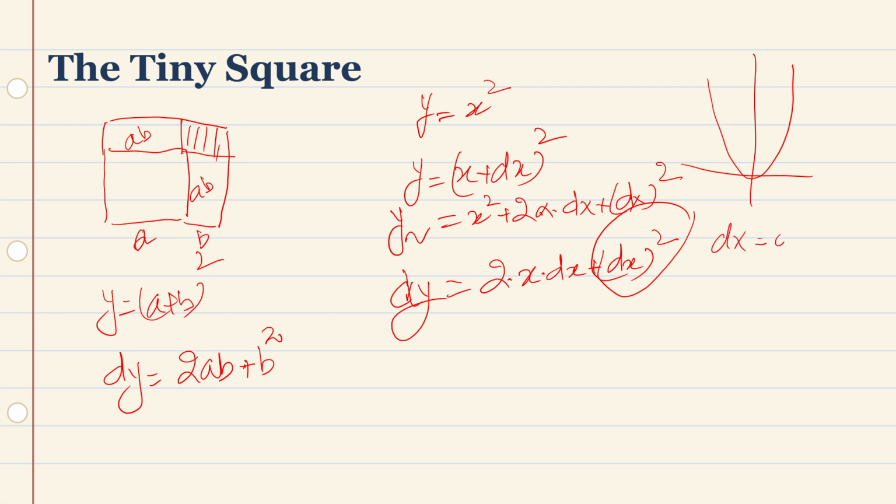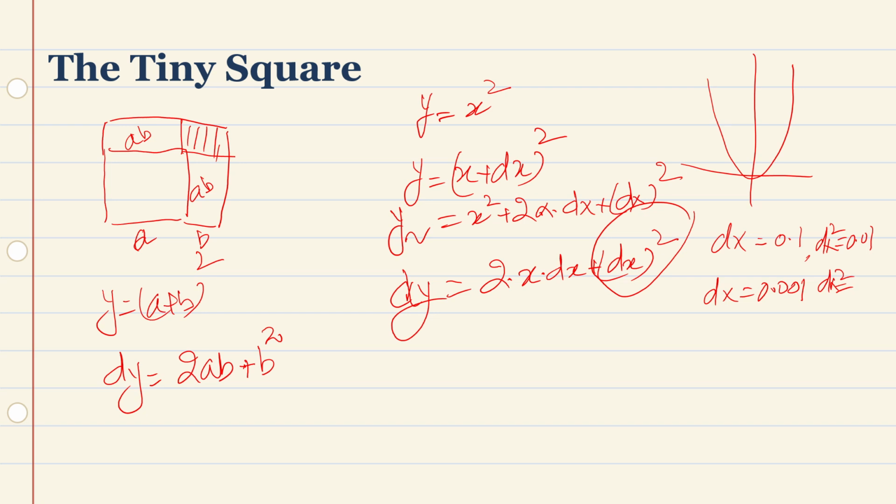And if you choose the value of dx so small, let's look at the numbers. Let's say dx is 0.1. In this case, dx squared is what? 0.01. And if I say that dx is 0.0001, now you can start to see that the impact of the value of dx squared is such that it does not have a significant impact on the change in y.